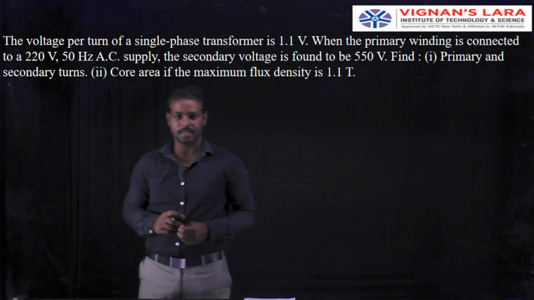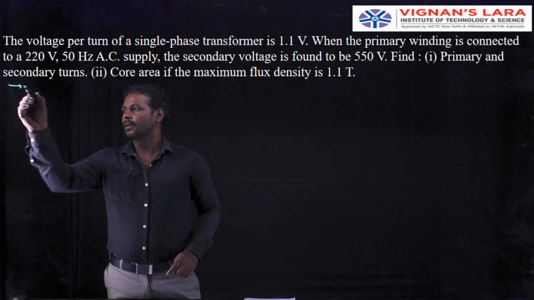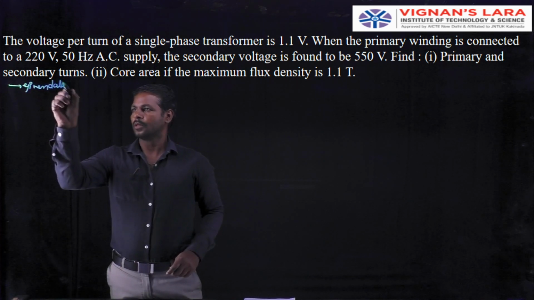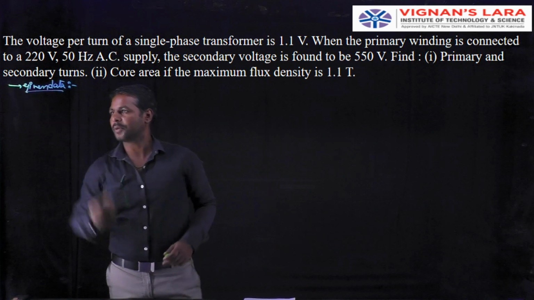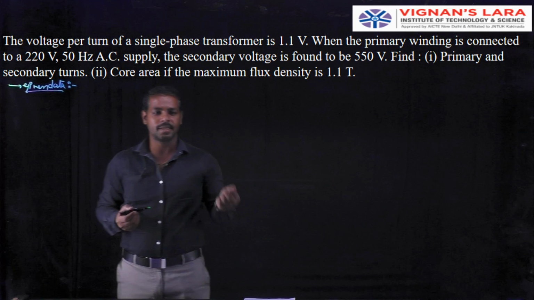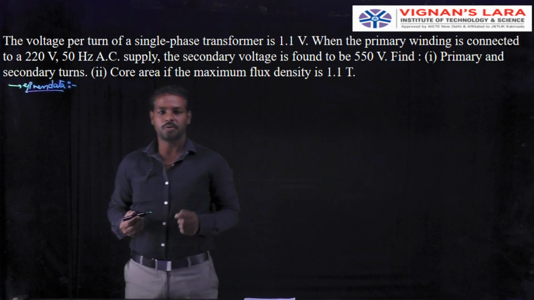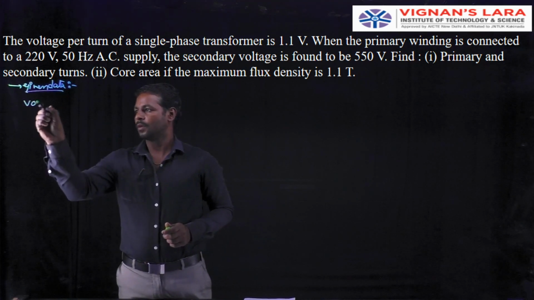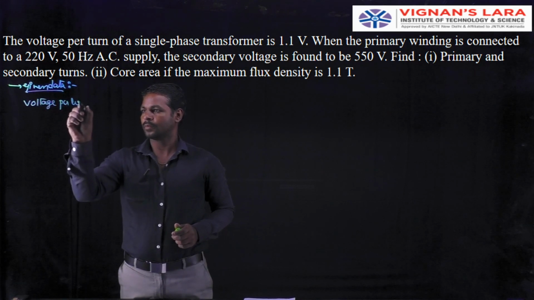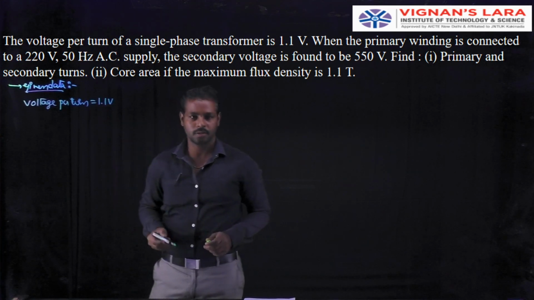First of all, we are writing the given data. Whatever data is present in the given problem should be represented, and only then can we easily identify the unknown parameters. So the voltage per turn is equal to 1.1 volt.